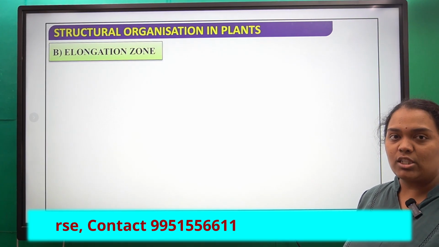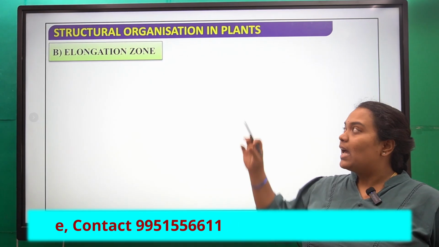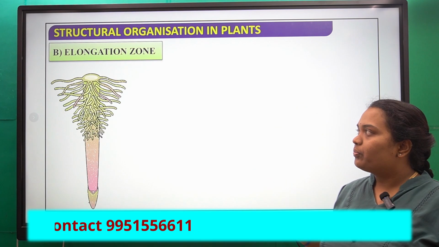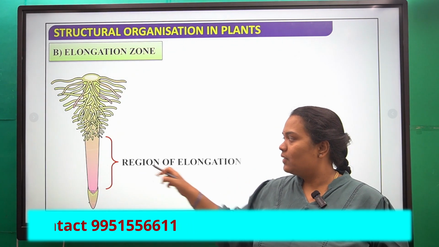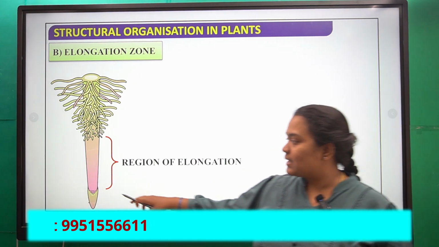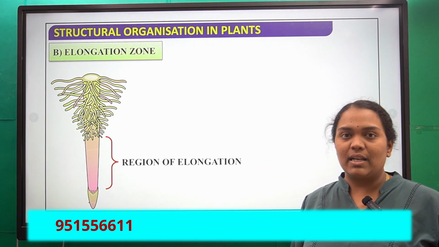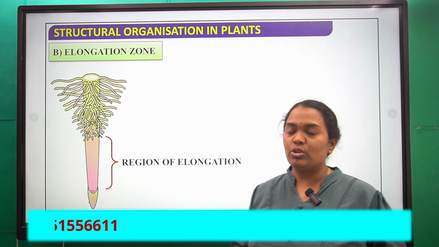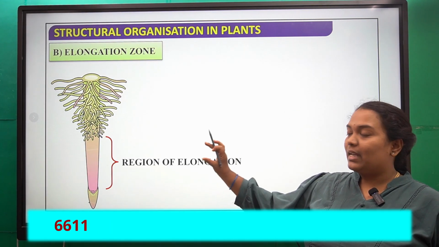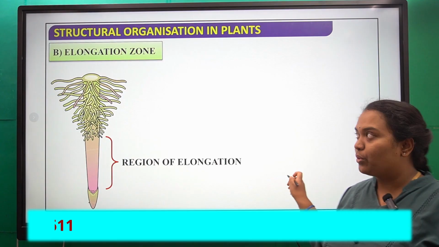Coming to the elongation zone, from the name you can see elongation means it is trying to increase in length. So when you observe this area, this is the elongation region where the cells which are produced in the meristematic region are pushed towards the elongation region, which again helps in increasing the length of the root.